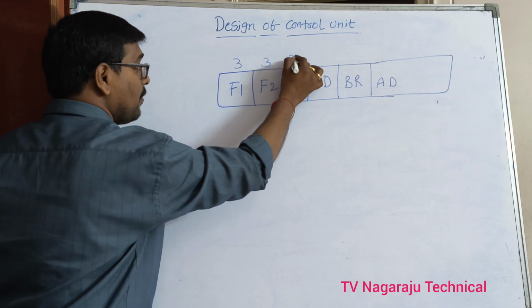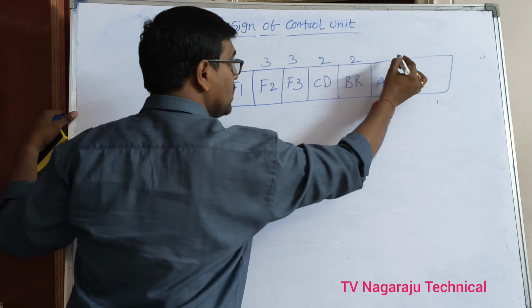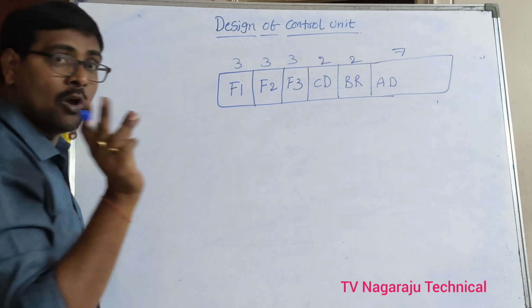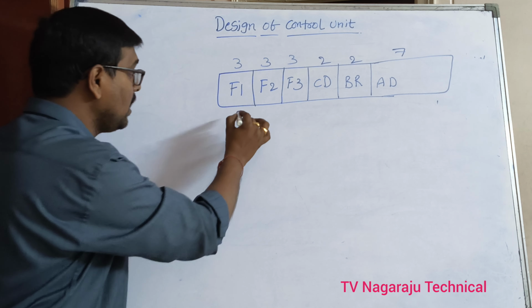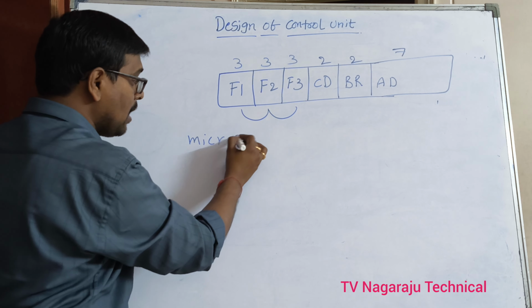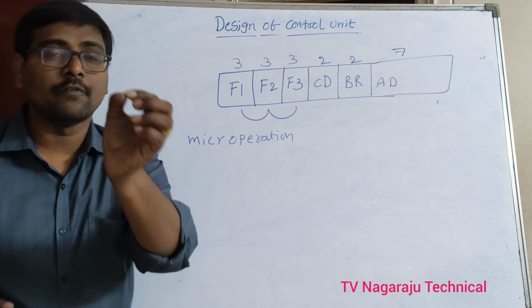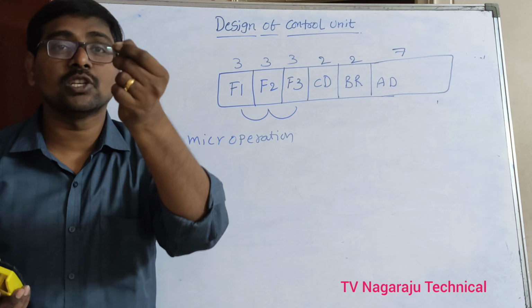So the size of F1, F2, F3 is 3 bits, and CD and BR is 2 bits, and AD is 7 bits. What is the purpose of each field? F1, F2, F3 are called micro operation fields.